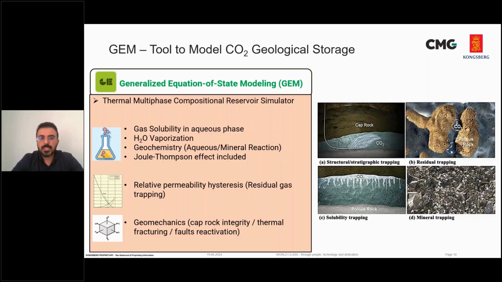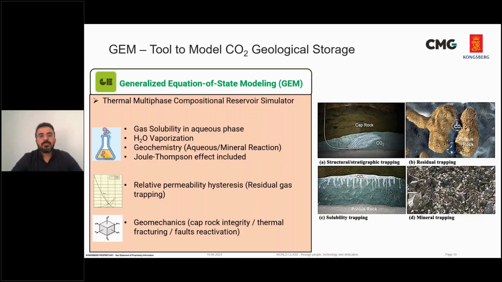On the fluid side, we can do the CO2 solubility in the aqueous phase. We can also model the H2O vaporization, and you can also model all the geochemistry reactions inside the aqueous phase and any other mineral reactions between the rock and fluid.